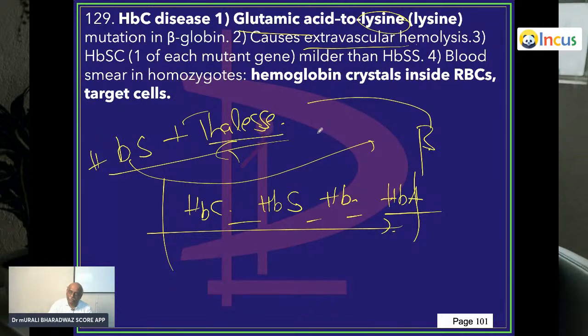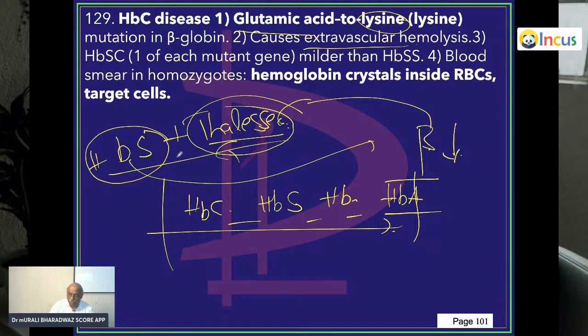And thalassemia is the problem of decreased beta chain production. That's the reason, obviously, it will be severe. If the entrance exam asks questions that you don't read, you don't know, like beta chain, then you will lose.